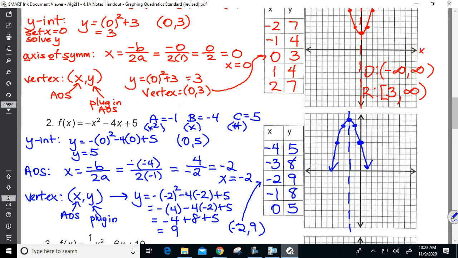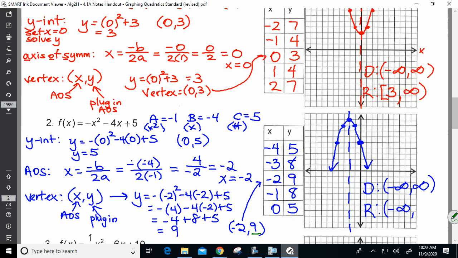All right. So domain is negative infinity to positive infinity. Remember that never changes. The range: this time the graph is opening down. So since the graph is opening down, you start with negative infinity. And then the second number is whatever the y value of the vertex was.